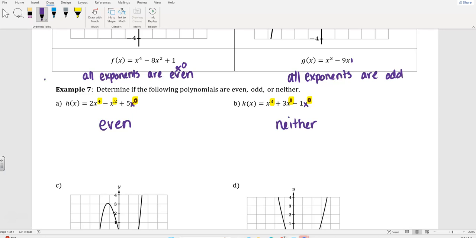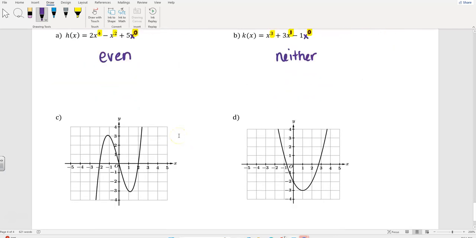Okay, for odd, if we didn't have that -1 on the end, then we would have an odd function there. From a graph, you are looking to see, is this function symmetric about the y-axis, or does it have 180-degree rotational symmetry?